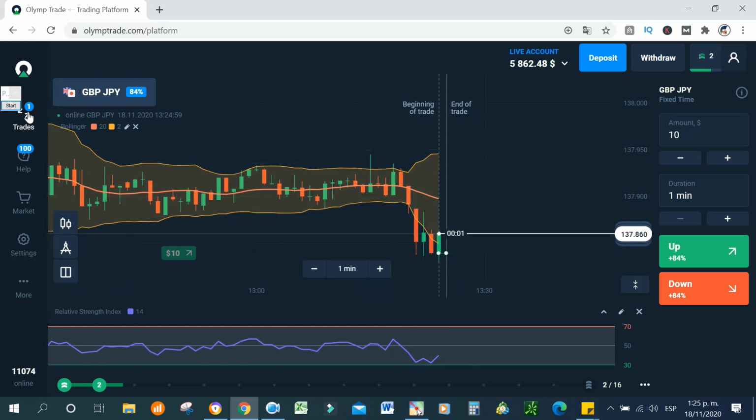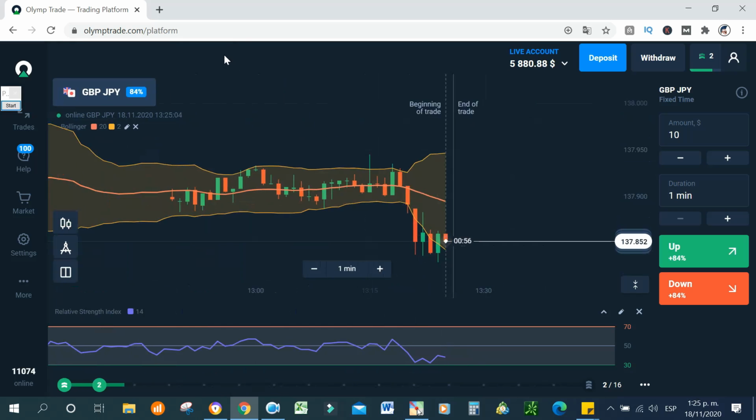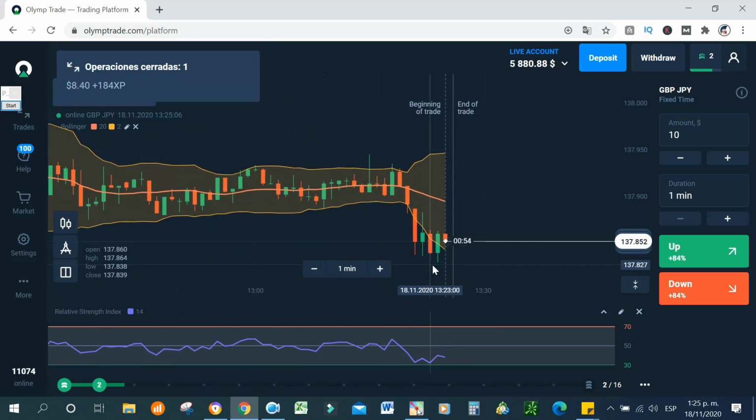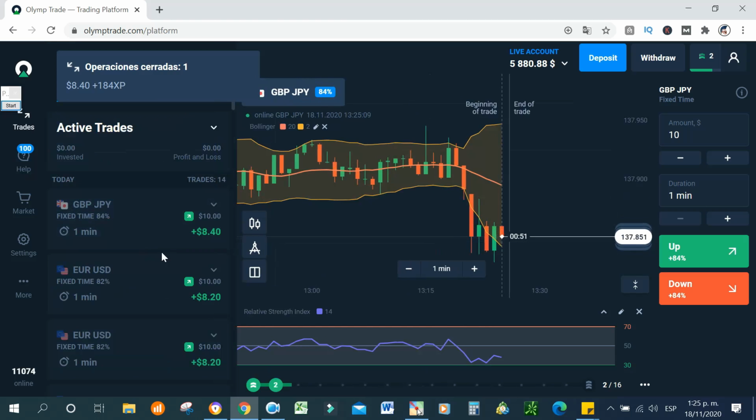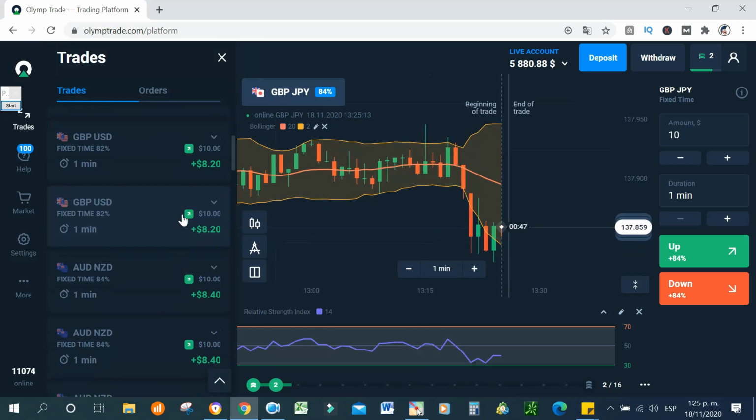Guys, we won this trade too. Wow, incredible, we won almost all of them. We just lost one trade today.